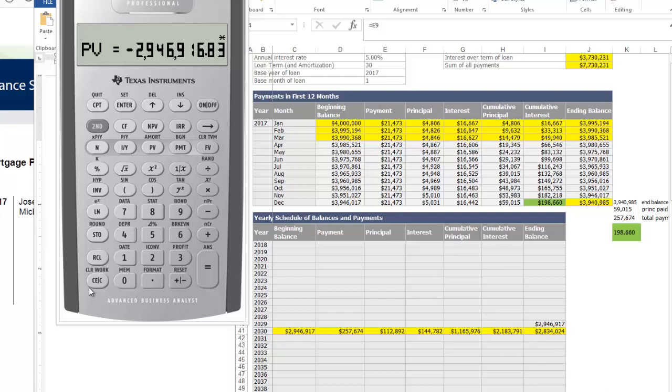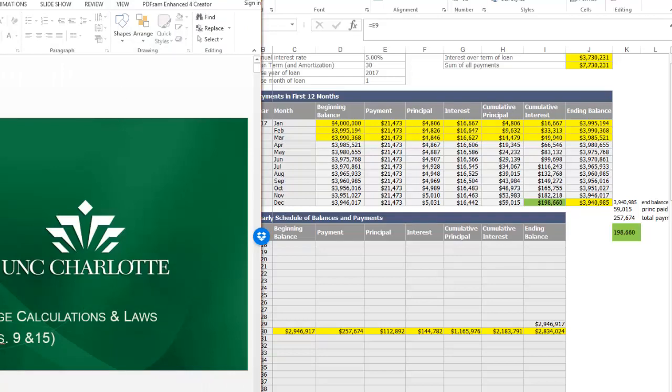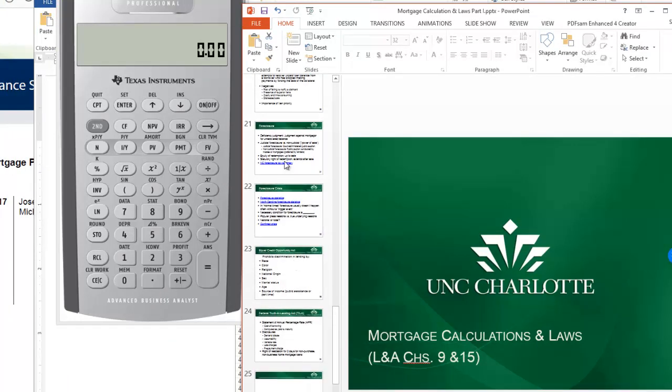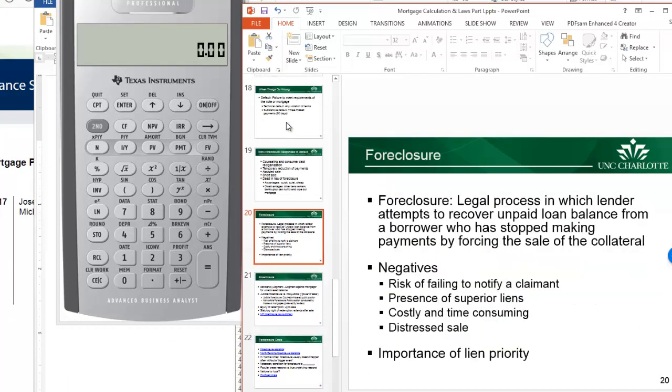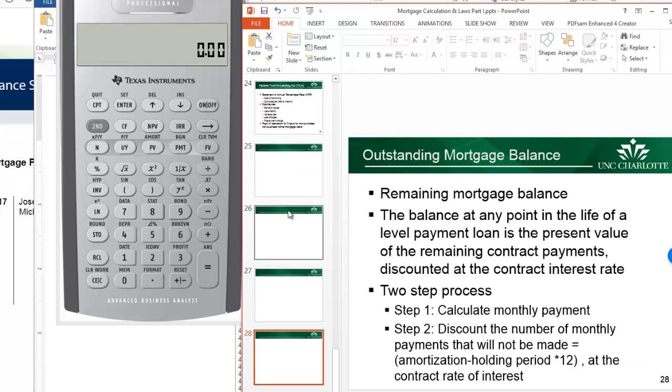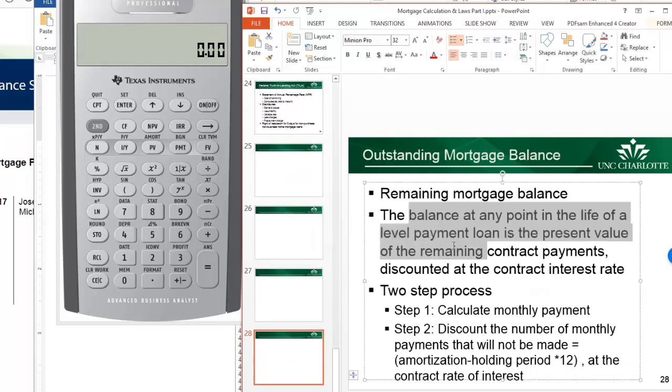Right? So again, all we have to do is, once you have the payment estimated correctly, going back to our definition of the outstanding mortgage balance, let me pull that out here. The balance at any point in the life of a level payment loan is the present value of the remaining contract payments discounted at the contract rate of interest.